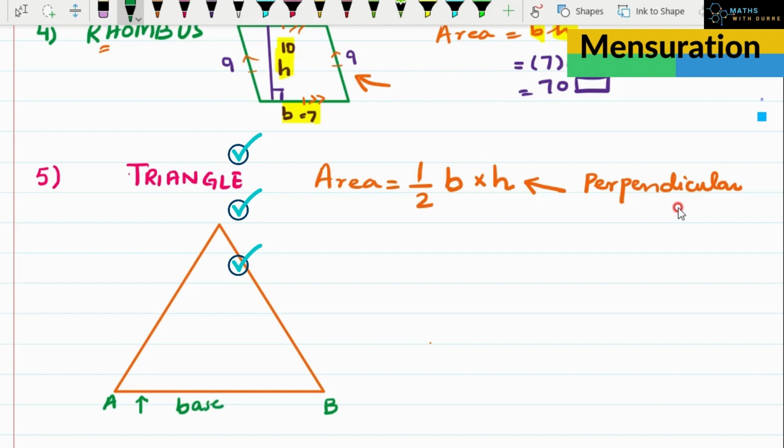As we know, the other two sides are not perpendicular, not at 90 degrees. So how can we identify or get the height? In this situation, remember that the height will be opposite to this line.